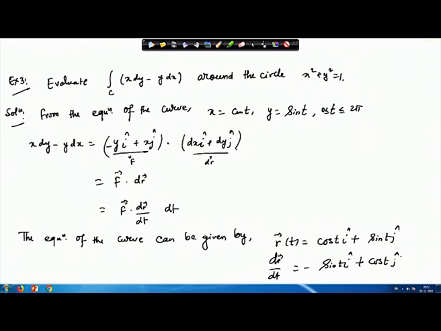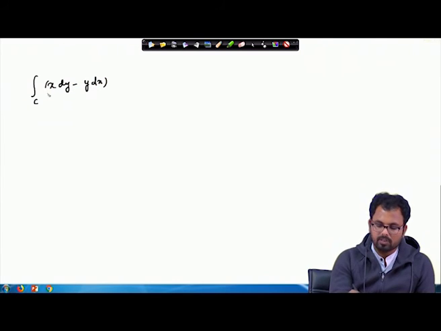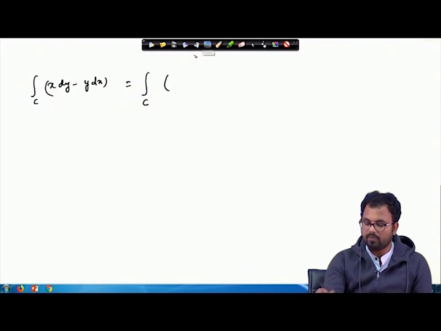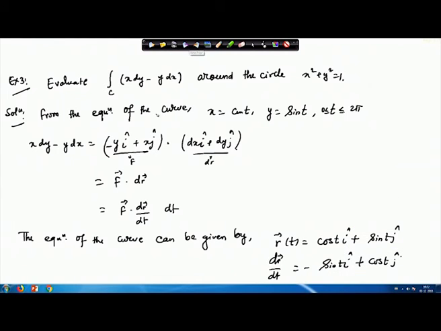So, now I will do the integration. We have the integral over the curve C of x dy minus y dx, which can also be written as the integral over the curve C of f dot dr/dt dt. What is our f? f is minus y i plus x j, and y is sin t and x is cos t.